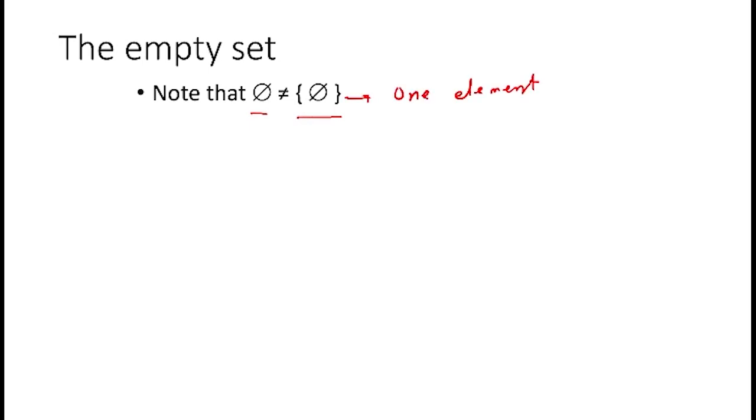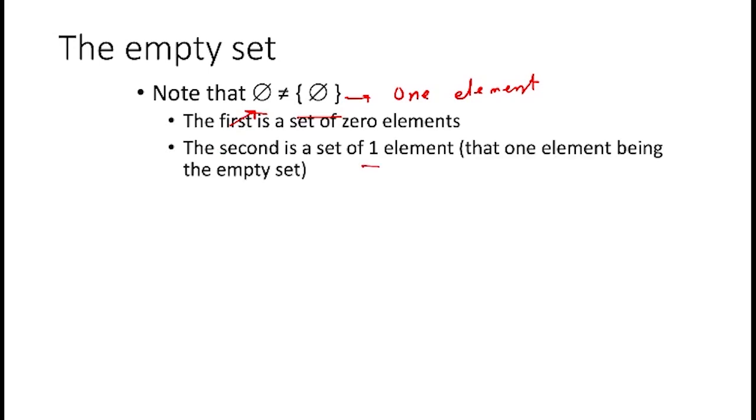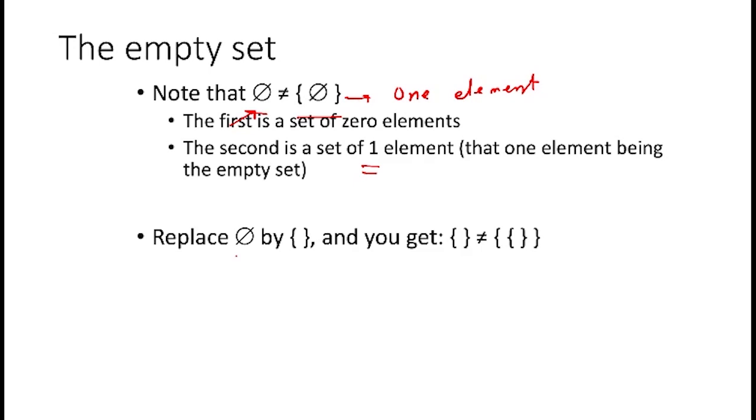But this one has no element, the empty set. Both are not the same. The first has zero elements, but the second has one element. So phi, as an element inside a set, is not equal to the empty set.